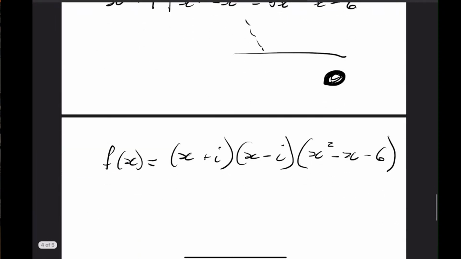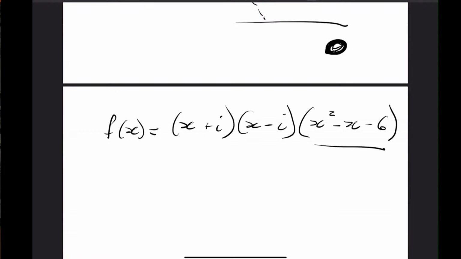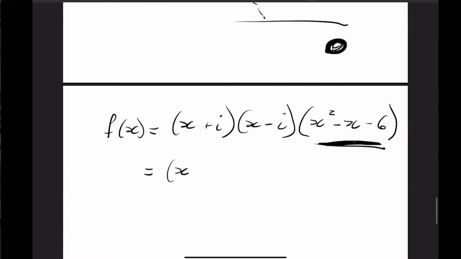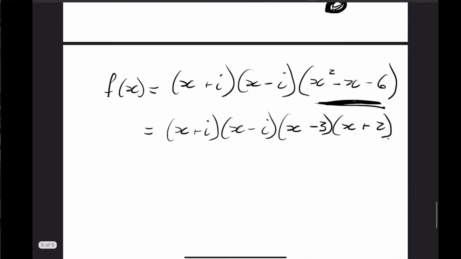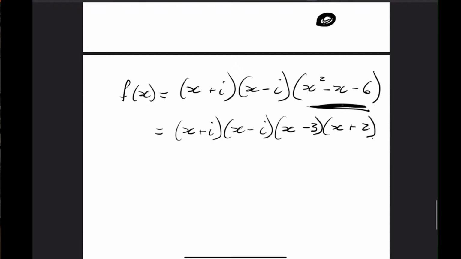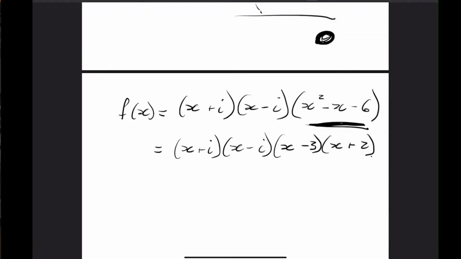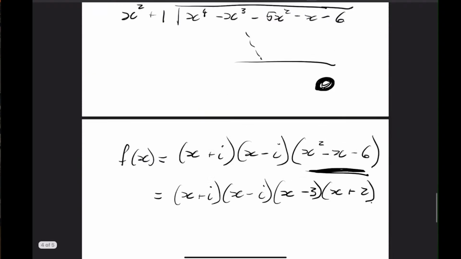Okay, and here we have a nice quadratic, and in fact this quadratic factorizes very easily. So let's factorize that quadratic. That is x minus 3, x plus 2. Okay. And here we have now factorized our polynomial f of x into 4 linear factors.